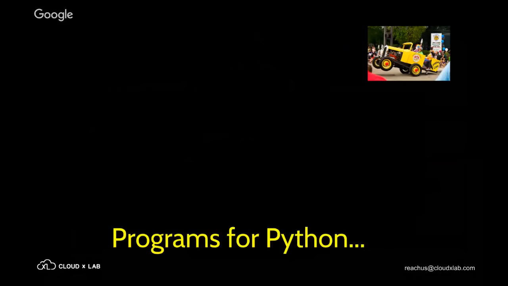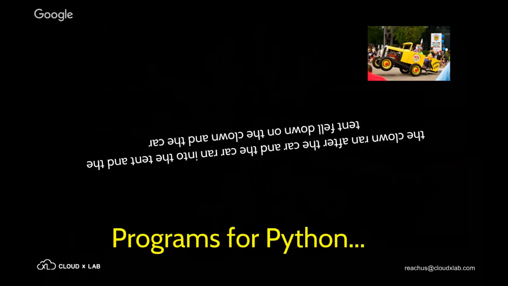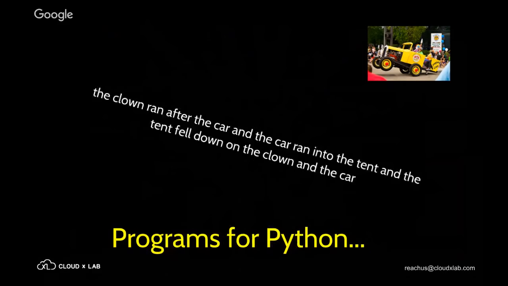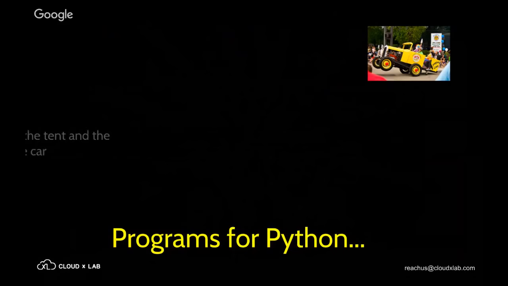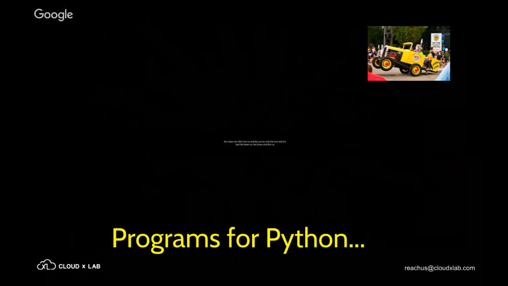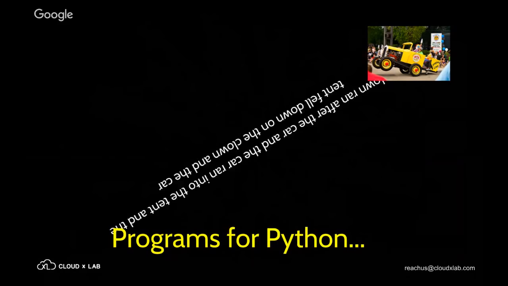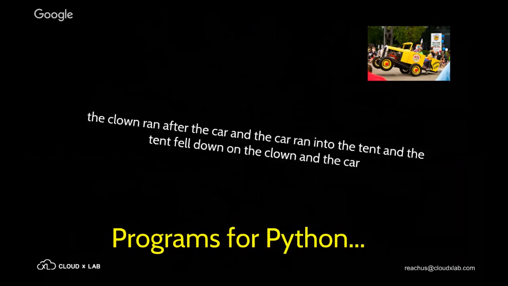And the programs for Python look like simple instructions, but life is not that easy. It will have a lot of conditions that you will have to take care of. So programs in Python don't look as fun as the dance, but you will find them more fun when you get used to them.